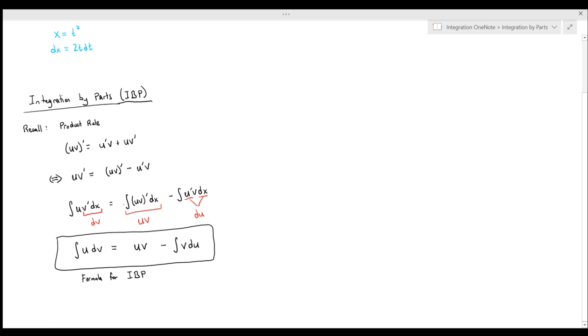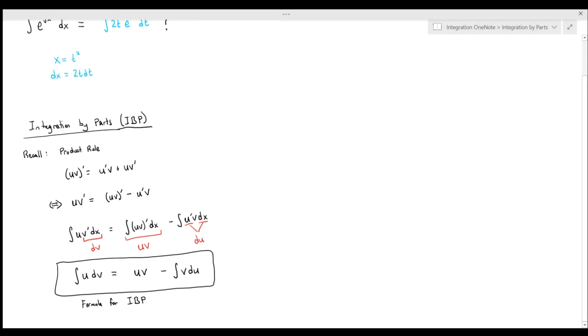Over here, when you integrate a derivative, remember that the integral and derivative kind of cancel each other out. So this entire integral just becomes uv. And then here, the u prime dx, those two together, we're going to call that du. So this becomes the integral of v du. Okay. So this is the formula for integration by parts.